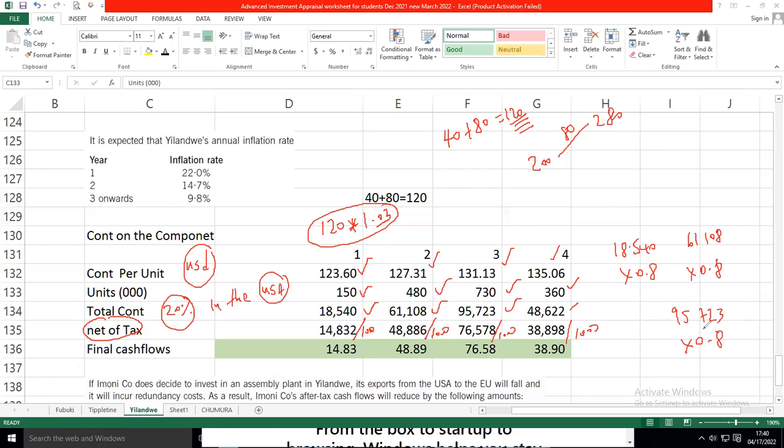Okay, so what I need to understand is that, in short, all the figures that are in the US will be subject to a tax of 20%, or 0.2. So all the cash flows in the US on the project will be taxed.